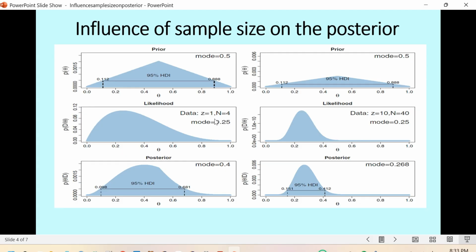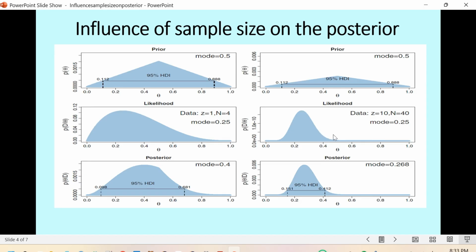So you can see the mode is 0.25. What does this mean? This means this value can get this result. Other values can also get this result. But this value gives the highest probability of this result, right? So the mode is the same as the frequency, and this gets the highest probability for this parameter.